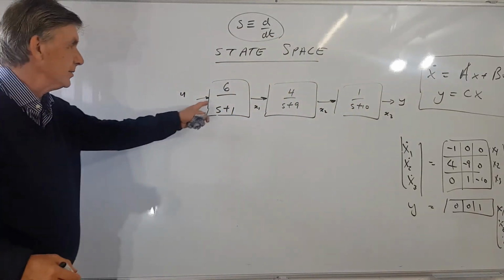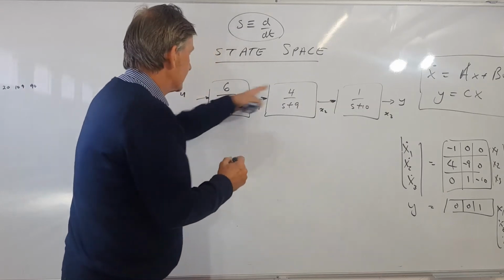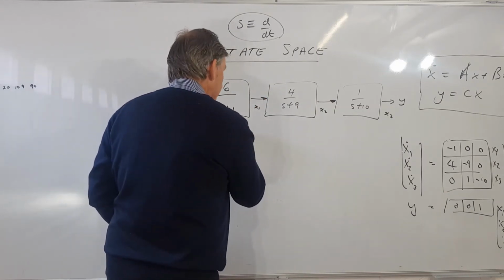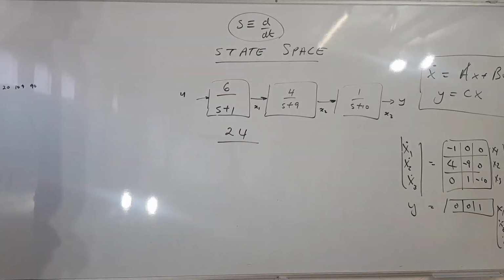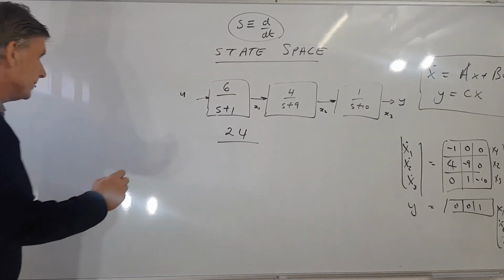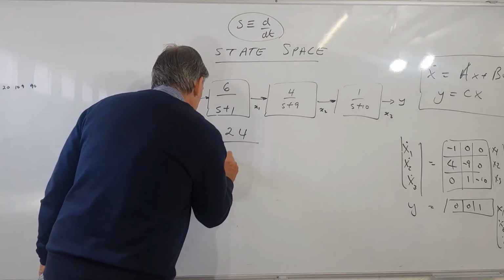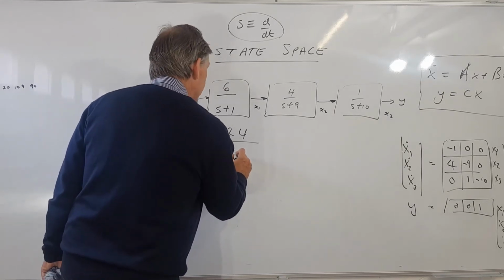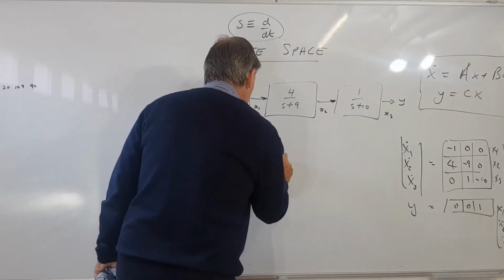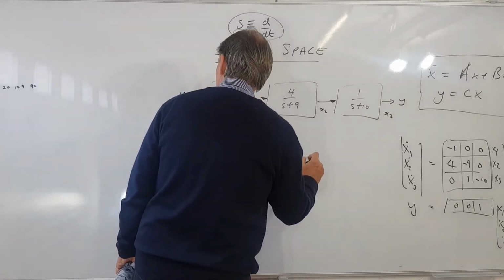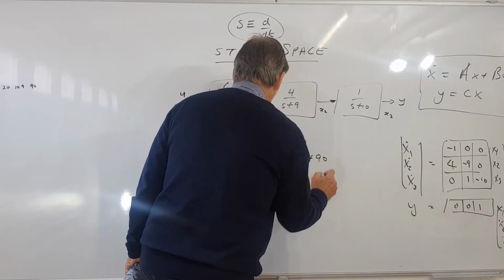If we multiplied all this out now, we get 6 4s 24. If we multiply s plus 1 times s plus 9 times s plus 10, I'll get s cubed plus 20 s squared plus 109s plus 90.